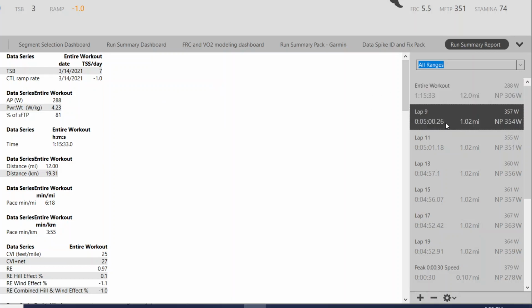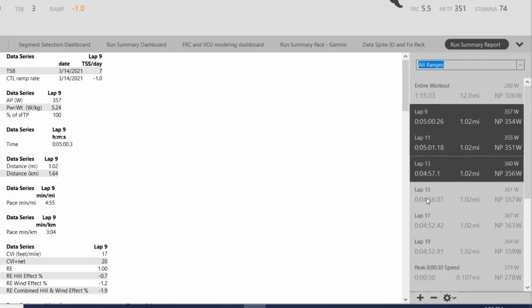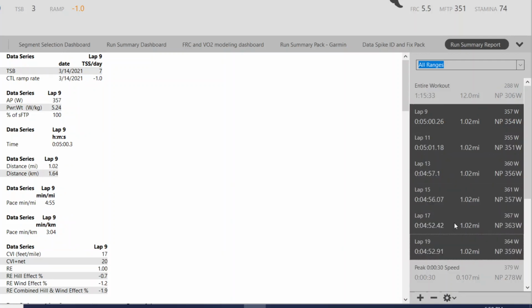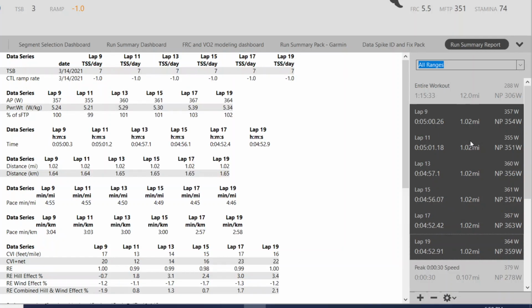You can also select multiple segments of that workout. In this case, each one of these is an interval, and it will populate the averages and numbers for each respective interval. So you can see here lap 9, 11, 13, 15, 17, 19. Those are each intervals, and you can see they're labeled as such here.